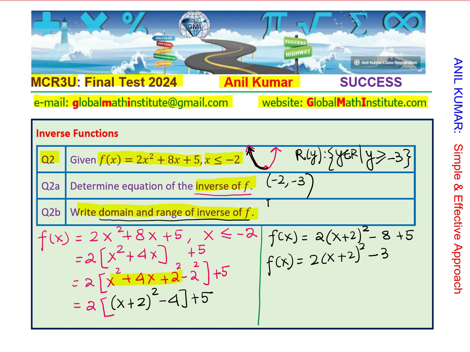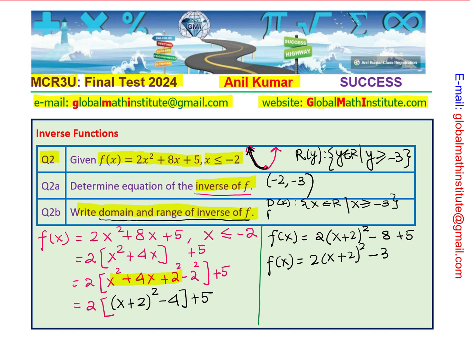So, we'll write the domain of the inverse function as what? Well, the range now becomes the domain, right? So, x belongs to real numbers where x ≥ -3. Makes sense? Perfect.